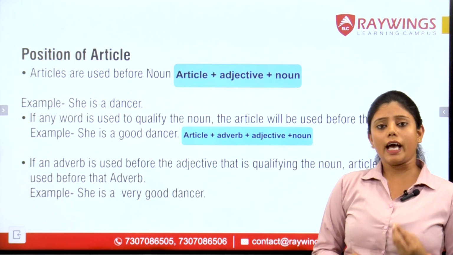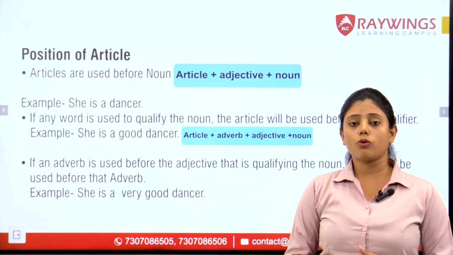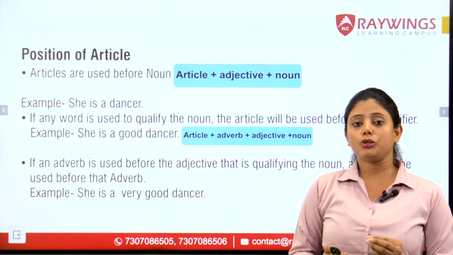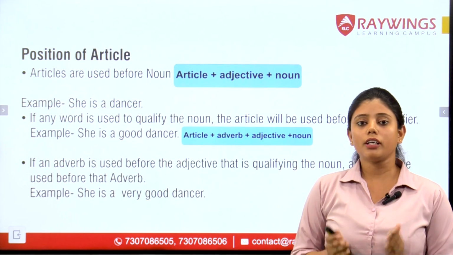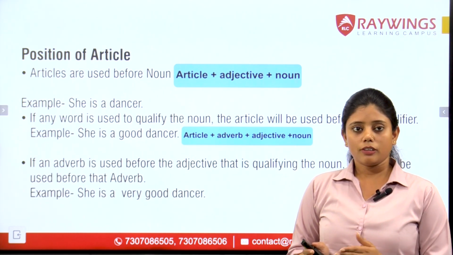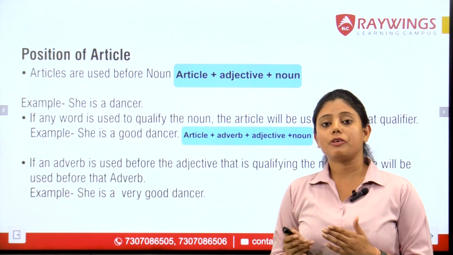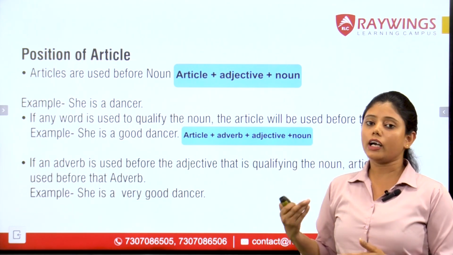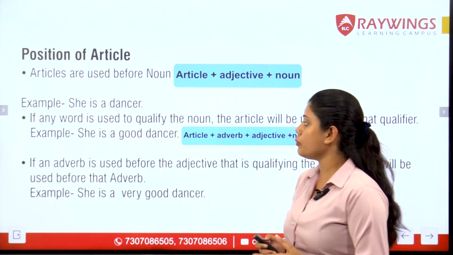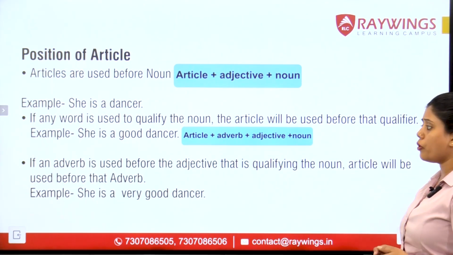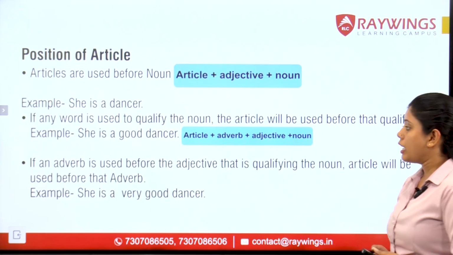Secondly, if any adjective defines or qualifies that particular noun, always remember to use the article before the adjective and noun. Fine? In the second way, we will use the article before the adjective used for that noun. If any word is used to qualify the noun, the article will be used before that qualifier.